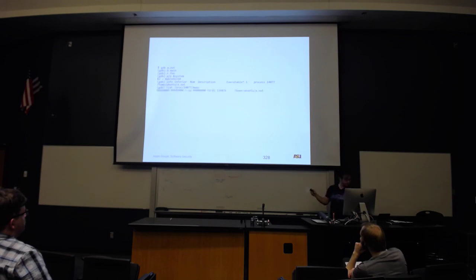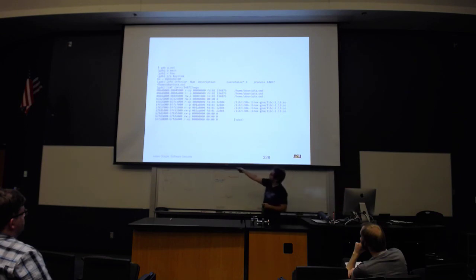If we actually look at where that's mapped, you can see libc is mapped over here at 0xB7E25000, and system is populated at 0xB7E66310. And this is a readable and executable segment of code, and this makes sense.